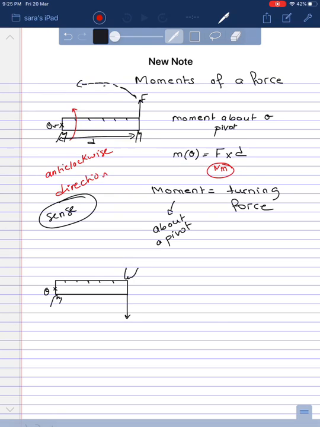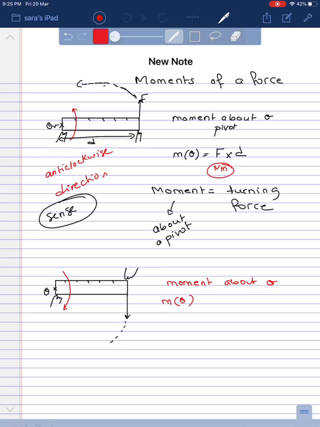Can you imagine how this ruler is going to turn around O? It is as if you are pushing it towards O. So you will find that it will be turning in a clockwise direction.